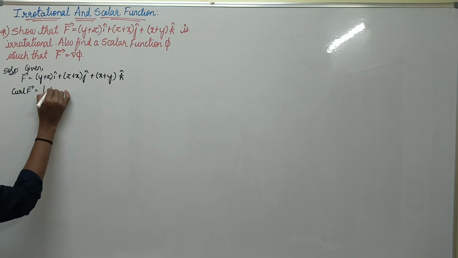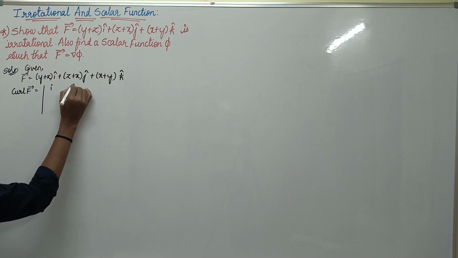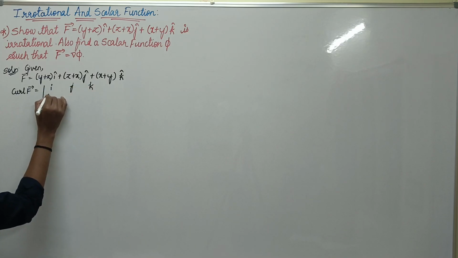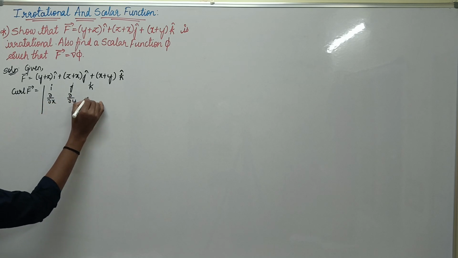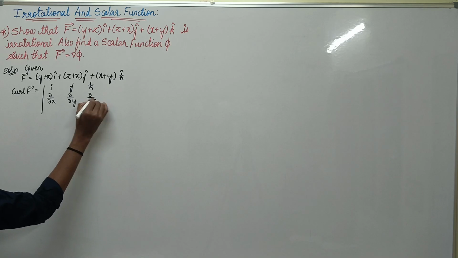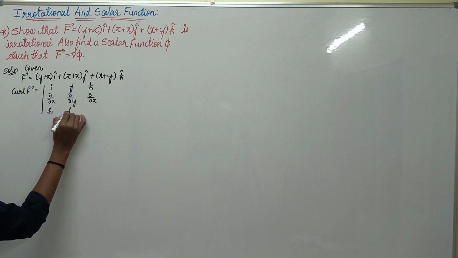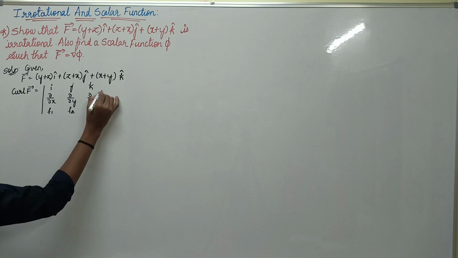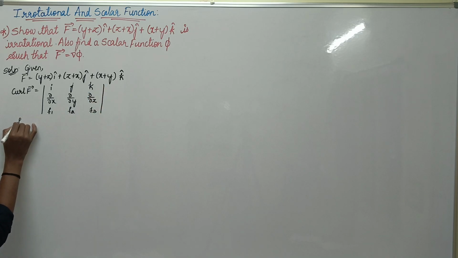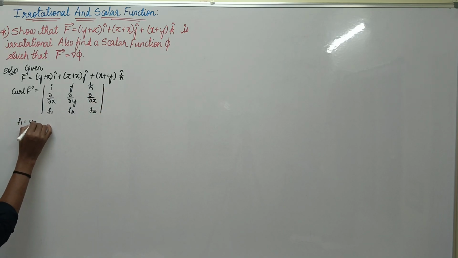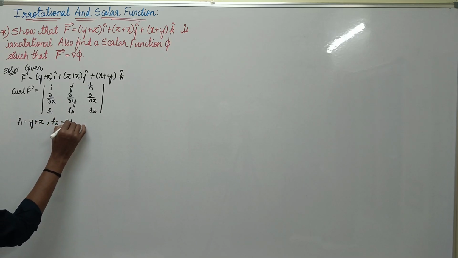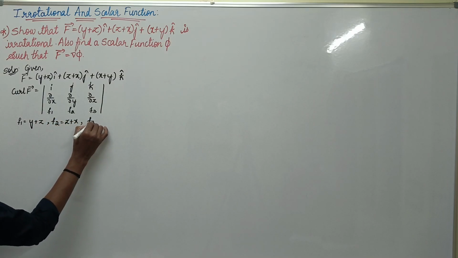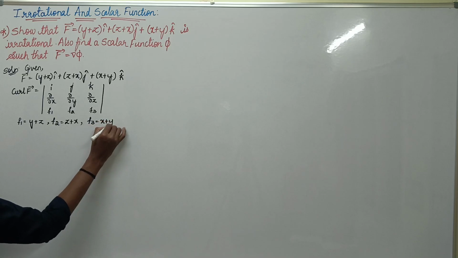What is curl vector f? Determinant of i j k, del by del x, del by del y, del by del z, f1 f2 f3. Where f1 represents y plus z, f2 represents z plus x, f3 represents x plus y.